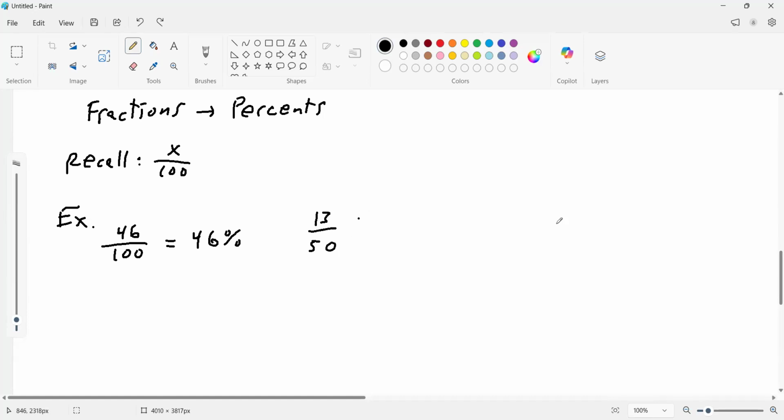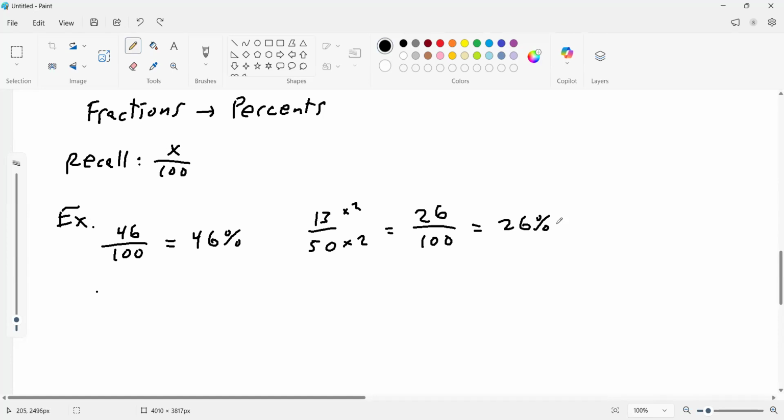So if I strategically multiply the top and bottom by 2, this fraction is equivalent to 26 over 100. Okay, 26 per 100. Bingo, I have exactly the form I want. That's 26%. So the original fraction of 13 over 50 is the same exact thing as 26%.